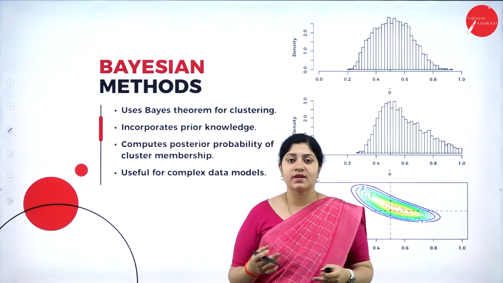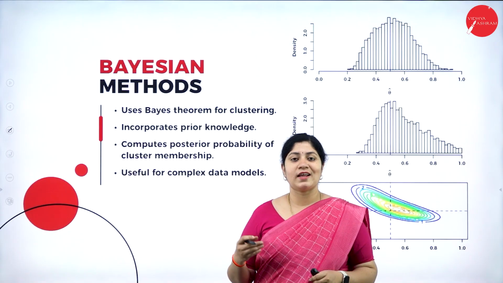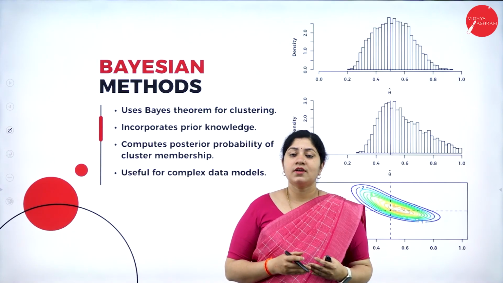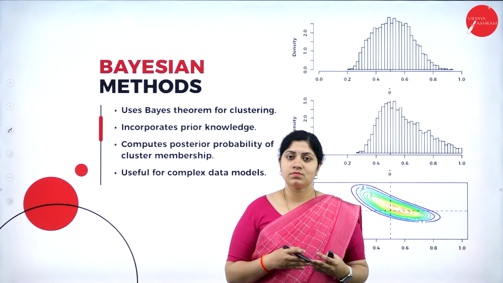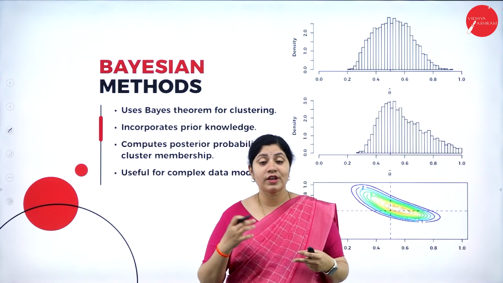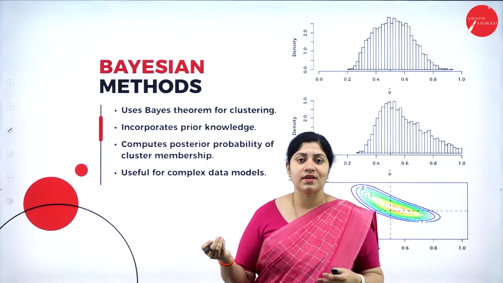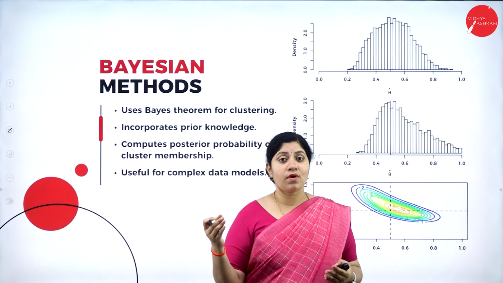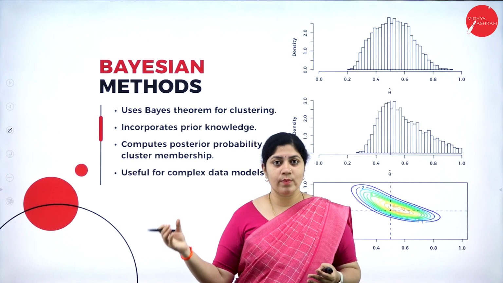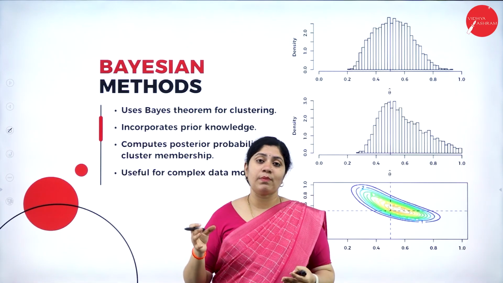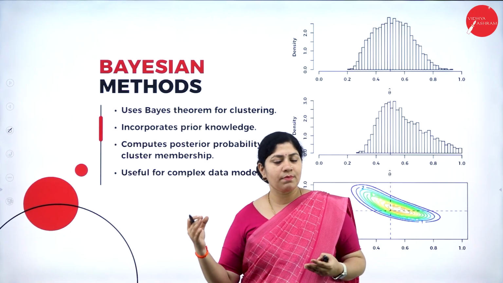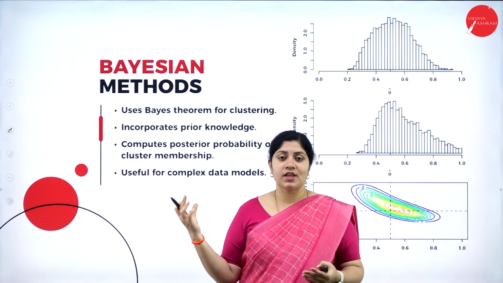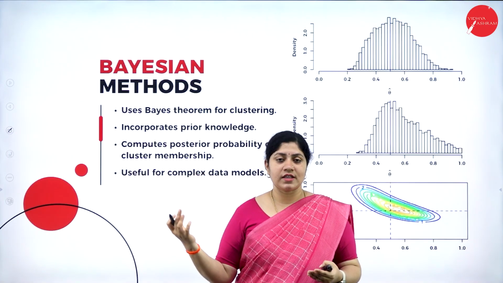The next method that we use under hierarchical clustering is the Bayesian method. This method utilizes Bayes' theorem for clustering. It incorporates prior knowledge of the data, and as it does so, it moves forward with computing the posterior probability of cluster membership. So there will be various members, and the memberships will be maintained by some of the clusters.